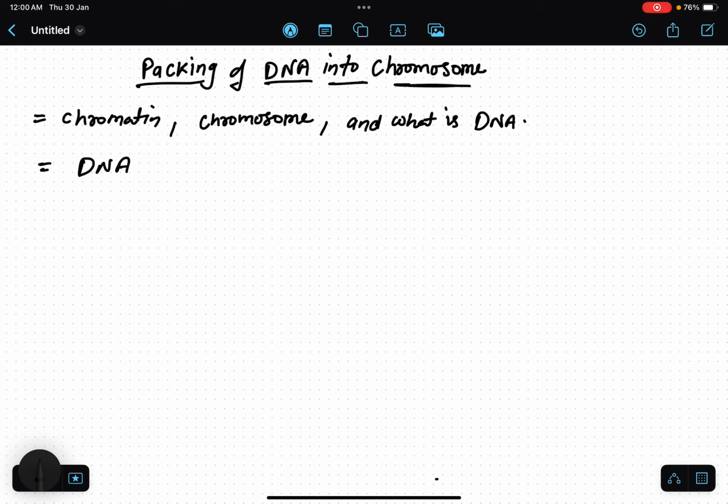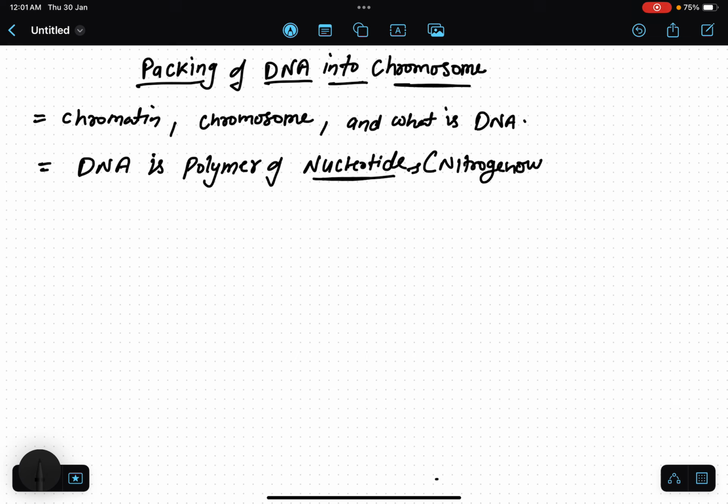First of all we take DNA. DNA is a polymer of nucleotides, and these nitrogenous bases are of two types.